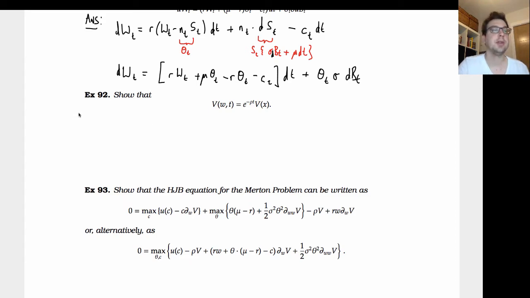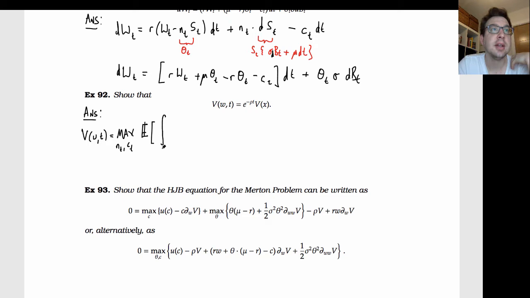Right, so let's look at the answer for this part. If I look at v of W of t, what is it equal to? Well, it's a maximum over n of t and c of t of the expected value of this integral.